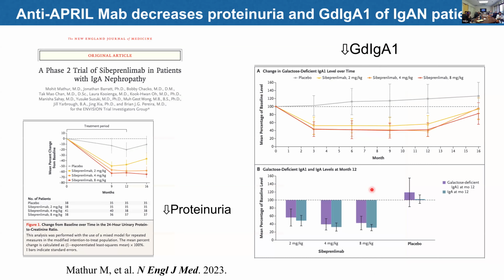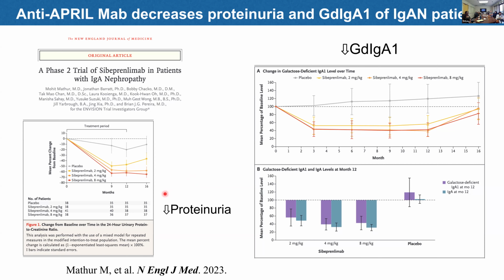Last November, one of the clinical trials of the anti-APRIL monoclonal antibody was reported in the New England Journal of Medicine, a top medical journal worldwide. This paper reported that the monoclonal anti-APRIL antibody significantly decreased the level of proteinuria, a marker of the degree of glomerulonephritis.